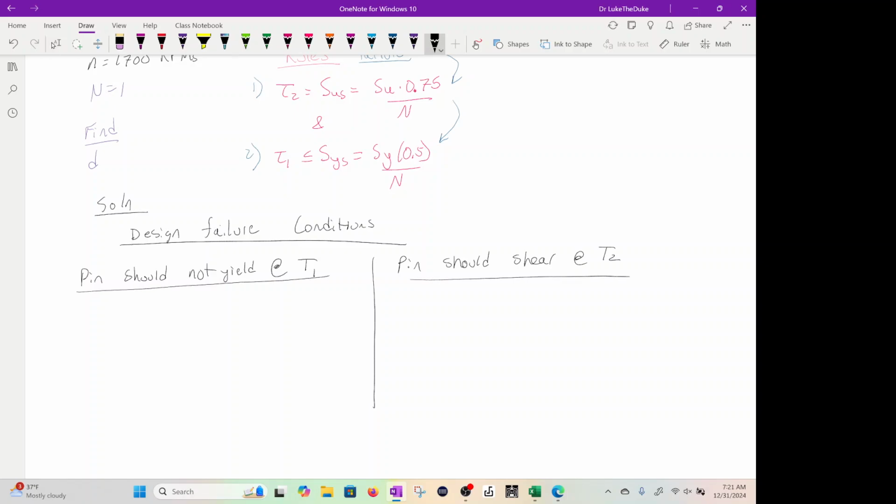So basically I'm going to just say tau A, just for now, is less than or equal to the ultimate shear stress, but it's equal to what I had above, 0.5 times SY over the design factor. And then this, I'm just going to call it tau B right now, the ultimate shear stress. This is SU times 0.75 over the design factor, okay.